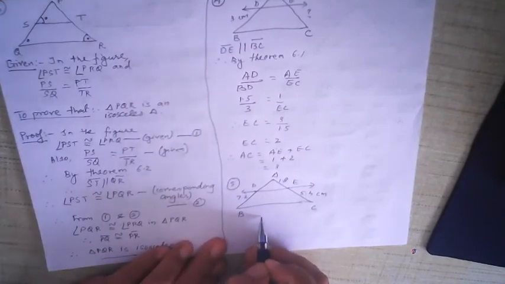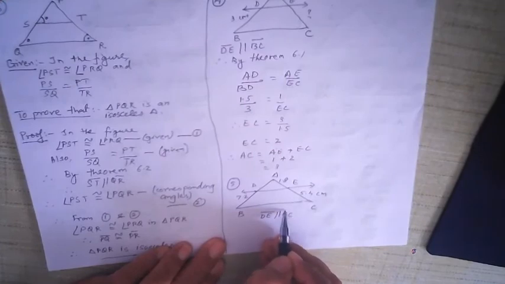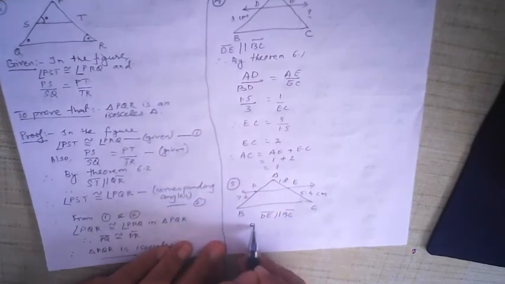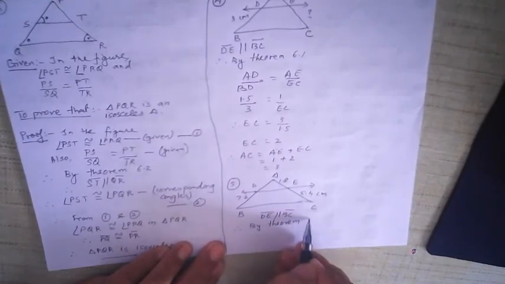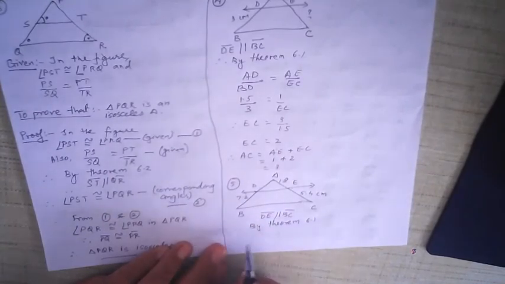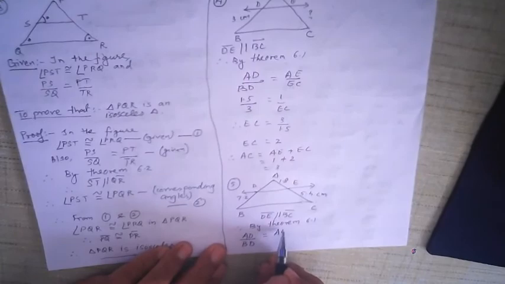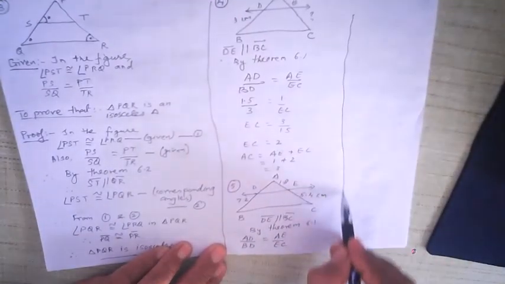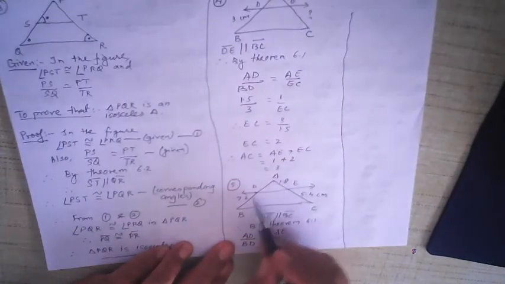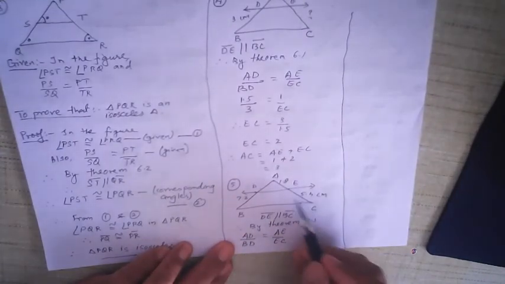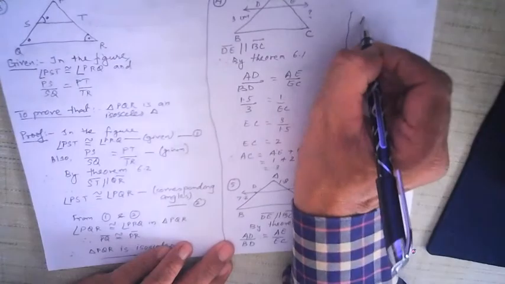So DE is parallel to BC, therefore by the fundamental theorem, that is by theorem 6.1, I can say AD upon BD is equal to AE upon EC. Now AD we don't know, so let us find AD first.